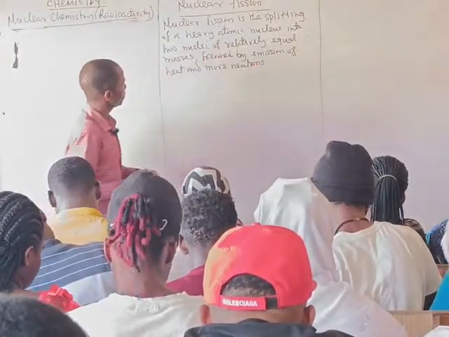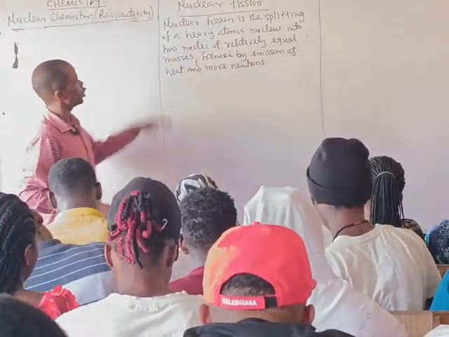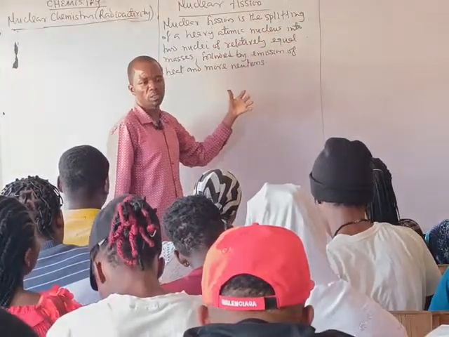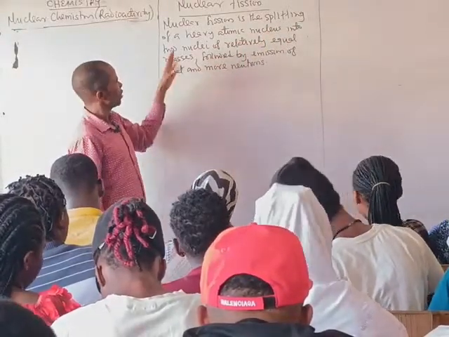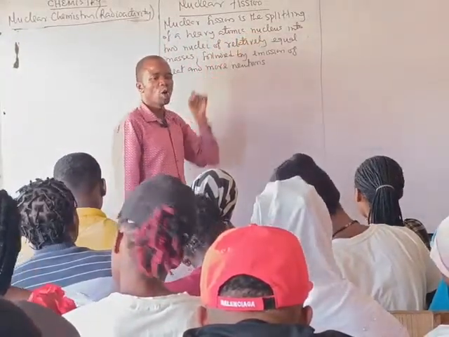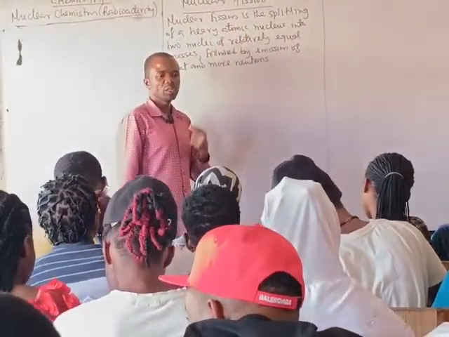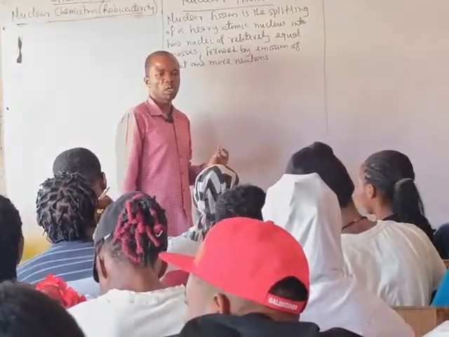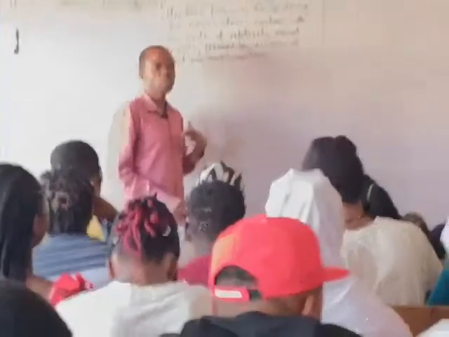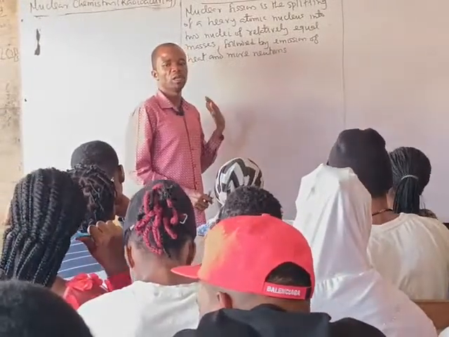So let's look up. So we can see here, nuclear fission is the splitting. That's what fission actually means. Splitting. Now, nuclear fission is the splitting of a heavy atomic nucleus. What will bring out the splitting of the heavy atomic nucleus is when such a heavy atomic nucleus is bombarded with a fast-moving neutron.